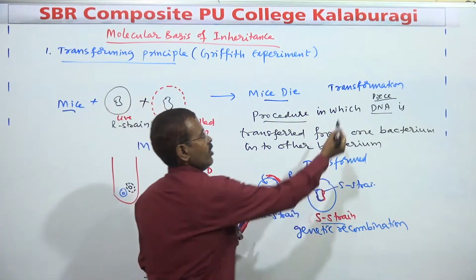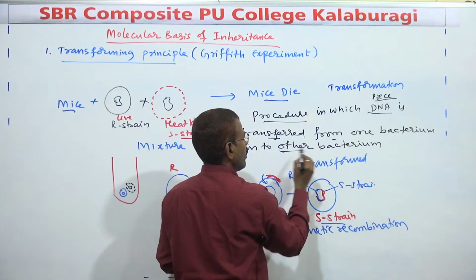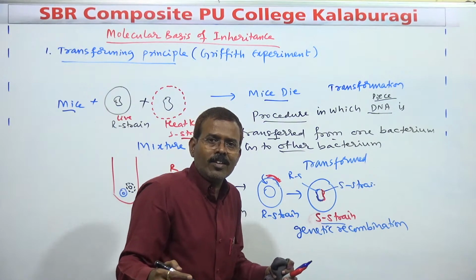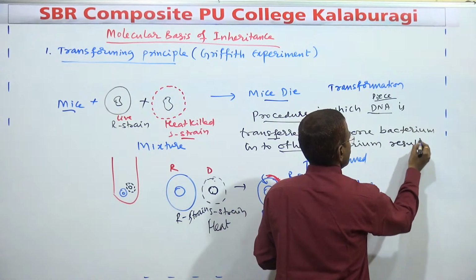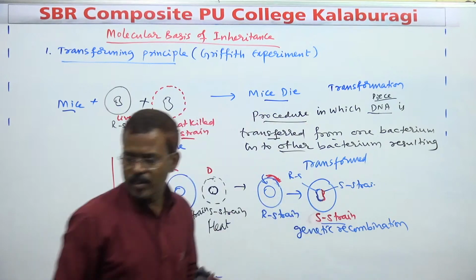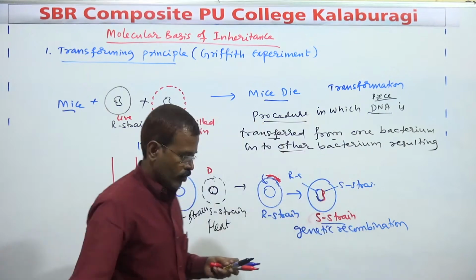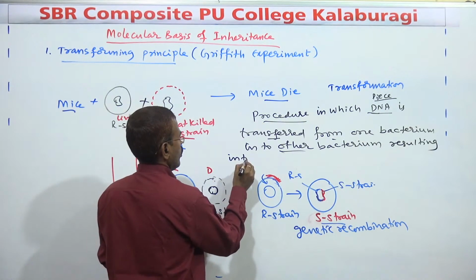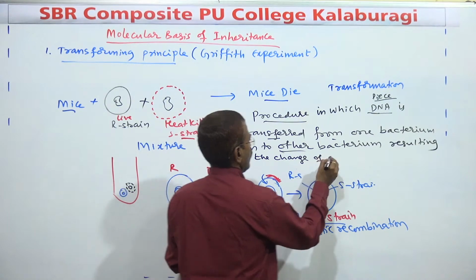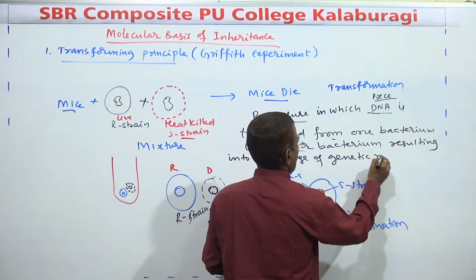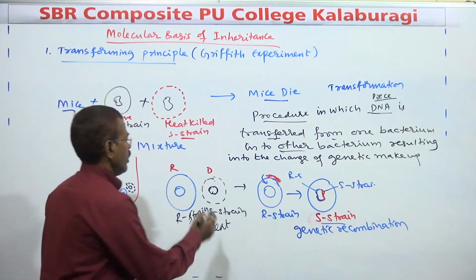So transformation is a procedure in which a piece of DNA is transferred from one bacterium to another bacterium, resulting in the change of genetic makeup of the recipient bacterium.